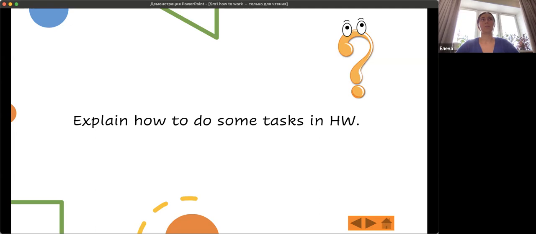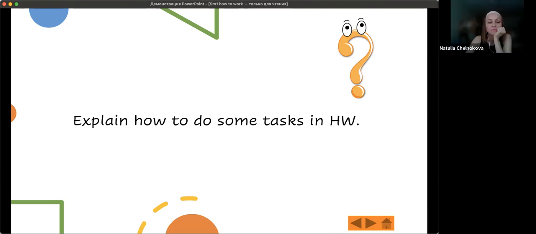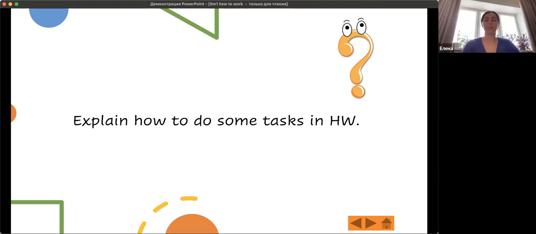And then they come to the studio, to our managers, and to us. And here we have this whole big family who doesn't know English situation. So in order not to have this, we need to explain to students how to do some tasks in Russian at the first lesson. Not all the tasks, yes, but some tricky ones.